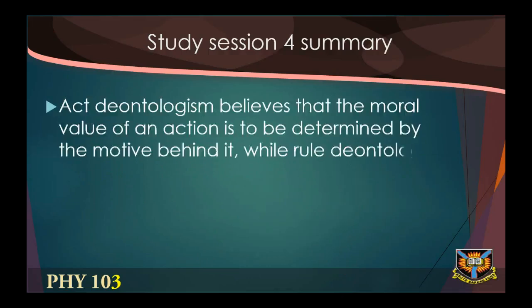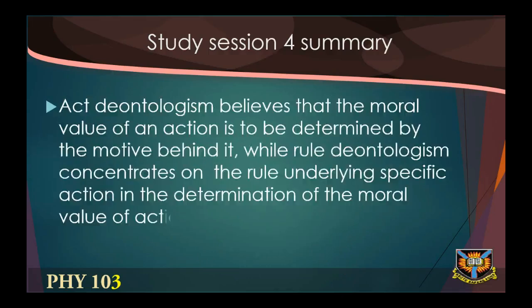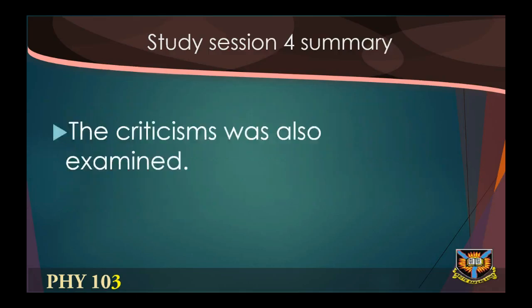Act-Deontologism focuses on the inherent features of specific actions and on the basis of this intuits or decides on their moral value. Rule-Deontologism concentrates on the rule underlying specific actions in the determination of the moral value of actions. Some of the problems with each of the variants of deontologism have also been examined.